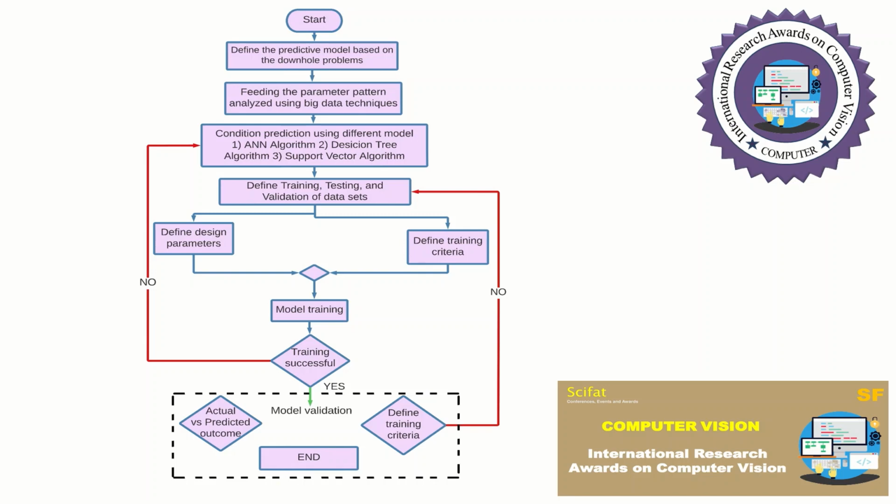In the model validation, the actual versus predicted outcome will be checked, and the suitable model will be used. In case of criteria not being met, the training, testing and validation sets will be redone or modified accordingly.